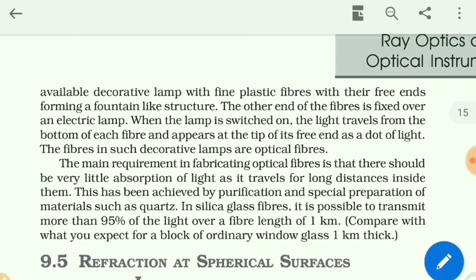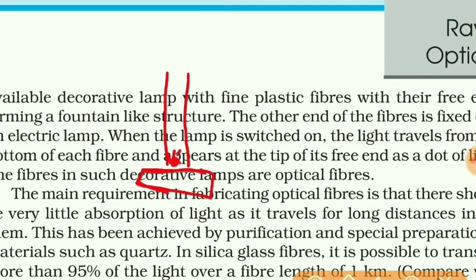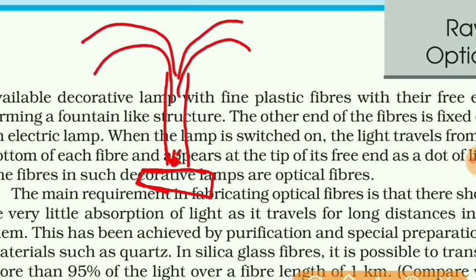Students, also you might have seen some lamps using optical fibers. A cylinder is there, a small bulb is placed here, and it is a base, that is a stand, and here there are optical fibers. So when this light travels in the upward direction, it emerges out from these optical fibers, but only these points are found to be glowing.